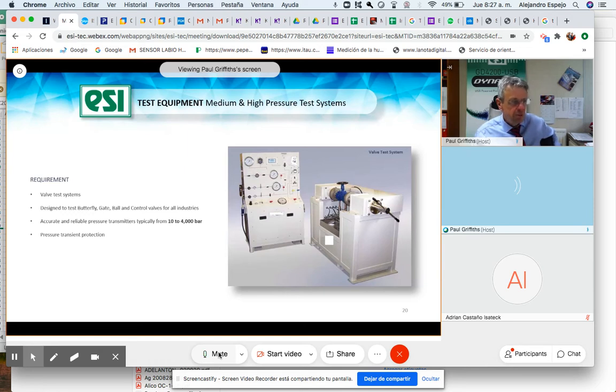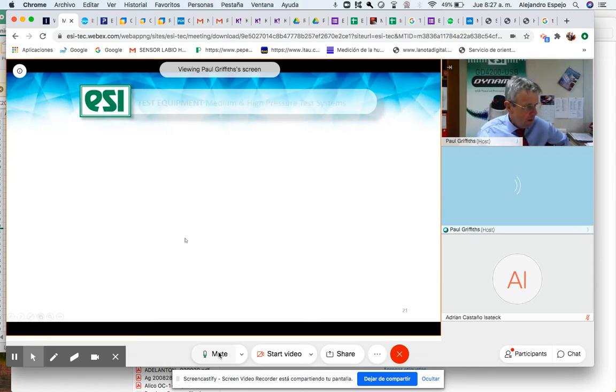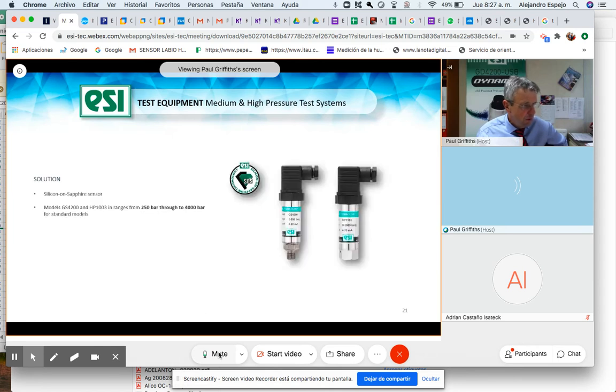The USB is perfect because you don't need panel meters, you don't need displays, you don't need data acquisition systems. You just need a laptop or even a tablet or an industrial PC that you can build in. So these are the products I just mentioned.